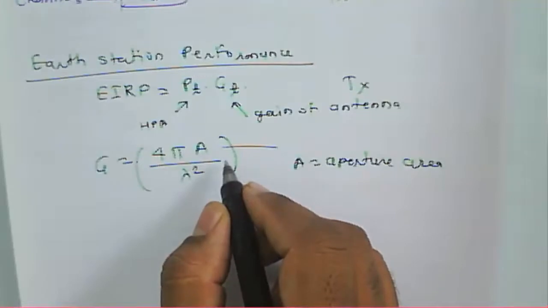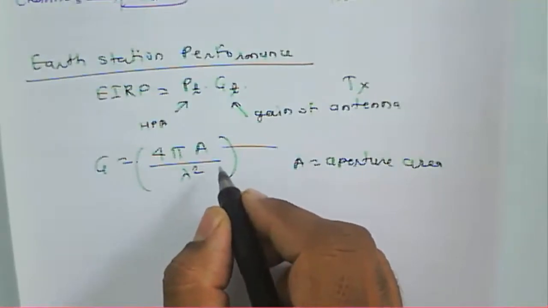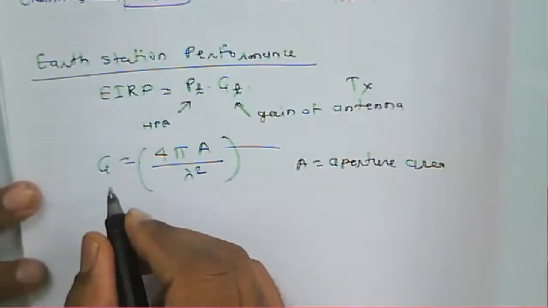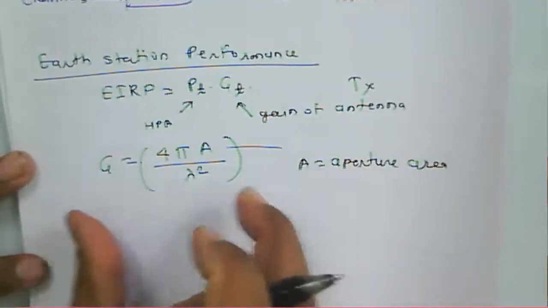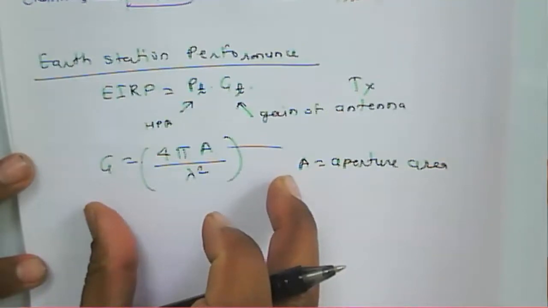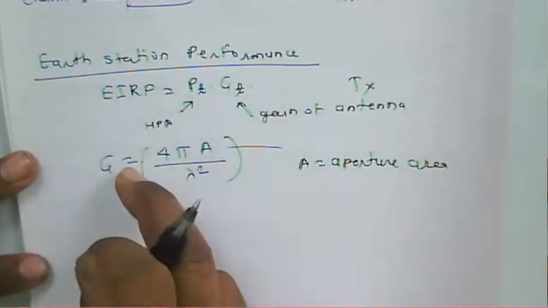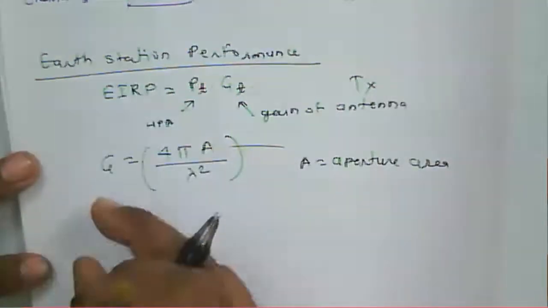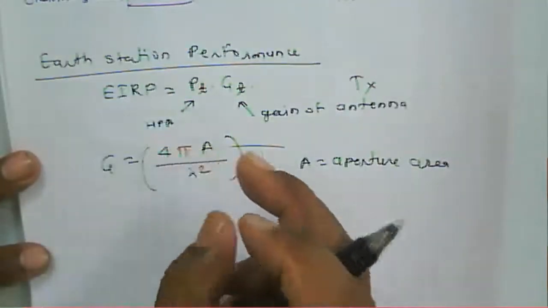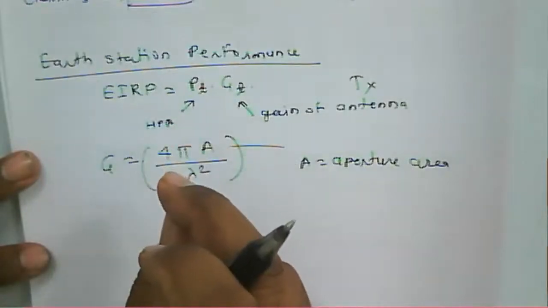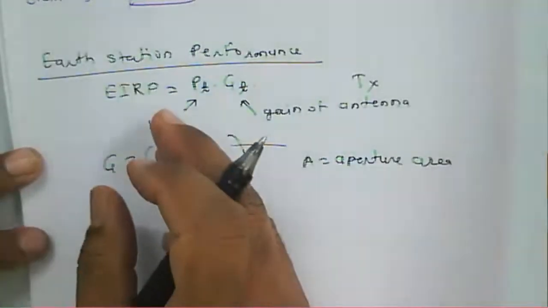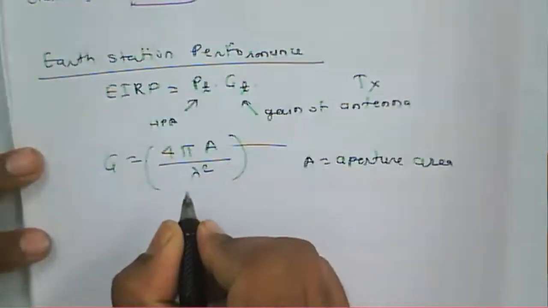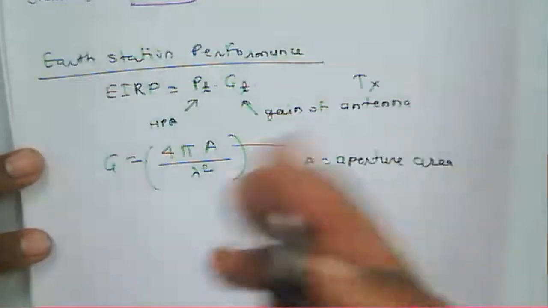So we are supposed to consider a power amplifier output that is connected to the antenna through the waveguide here. Because if we are not connecting through the waveguide, there may be a loss. So that's why we need to feed the antenna using the proper waveguide, so that we can minimize the loss there.